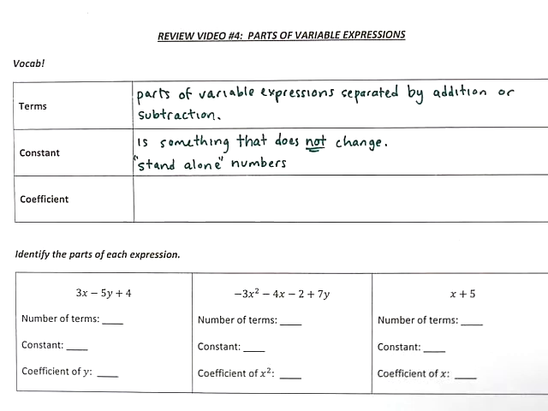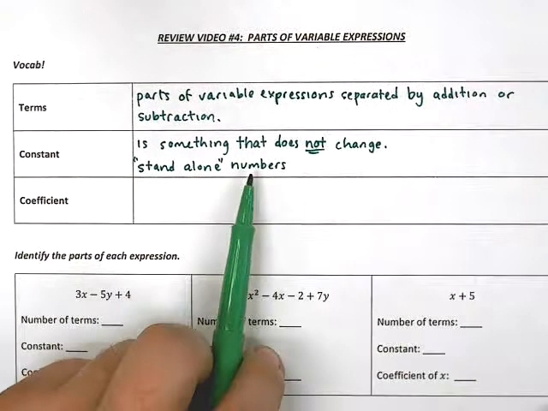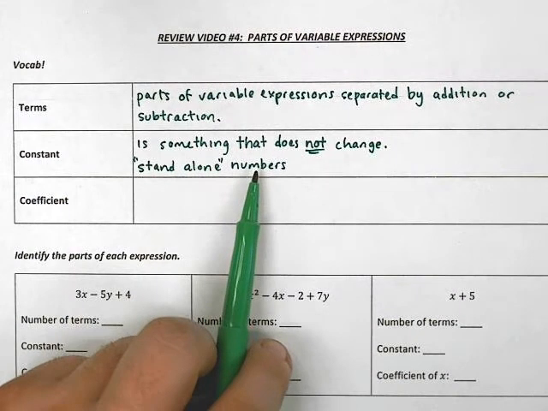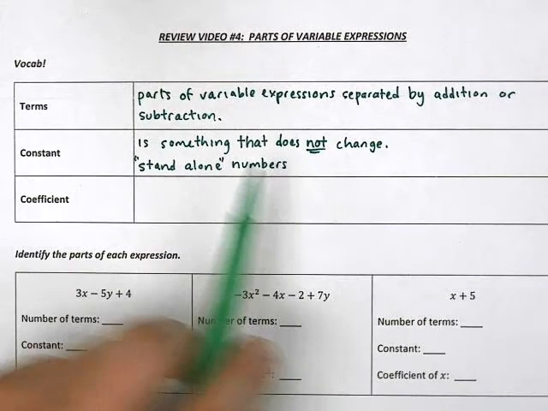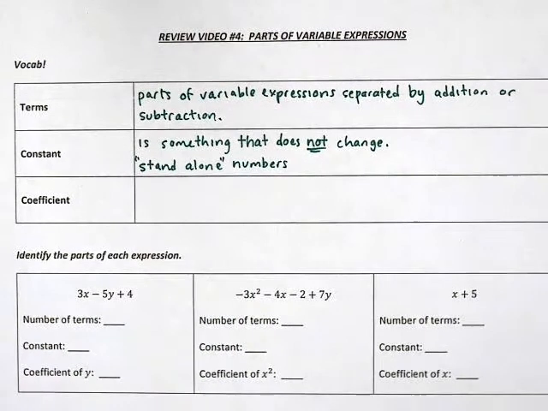By that I mean they are just numbers on their own. Okay, there's nothing with them. There's no variables. They're just numbers on their own.